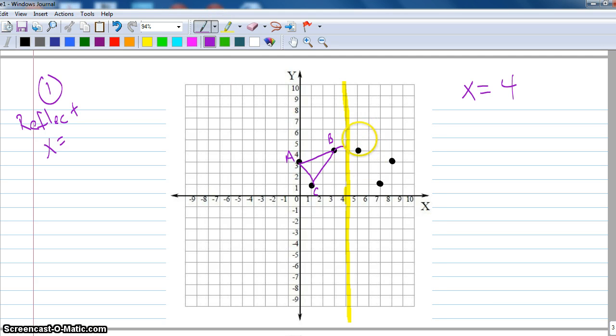This is B prime, A prime, and C prime. So there you go. Here's my triangle reflected across the x equals 4 line.